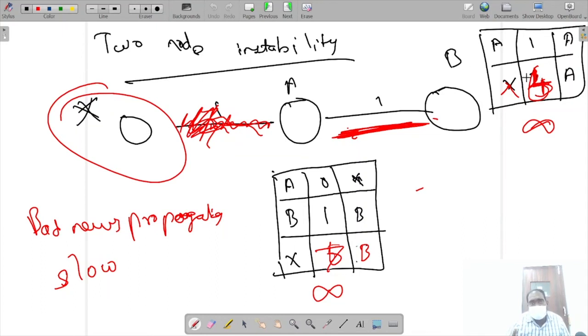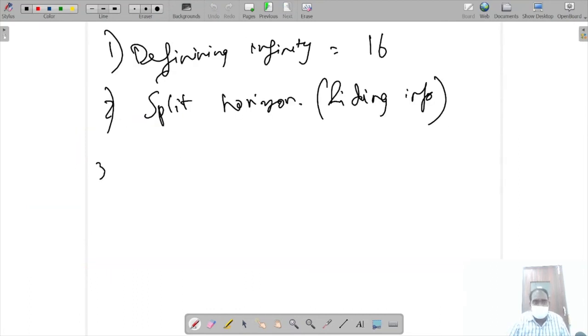That is the main reason for A to update its routing table from infinity to 3, right? What if B hides this information? Because it came from A, there is no point in sending this information to A because it will create unnecessary chaos. So B will not send this information at all. So the horizon is split and only this information is sent to A. So that is split horizon and that is hiding information.